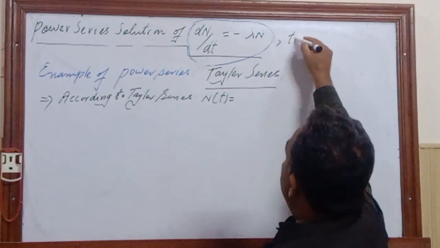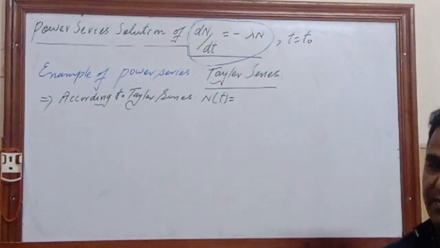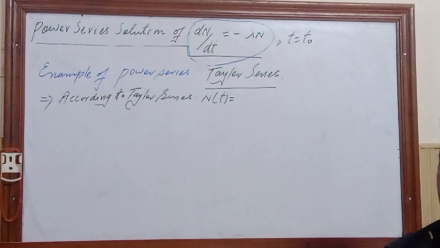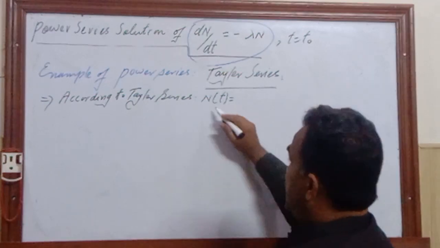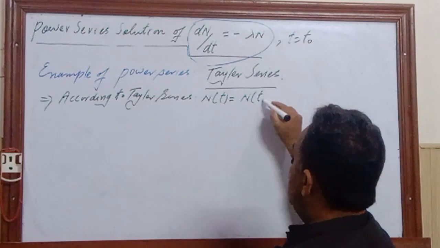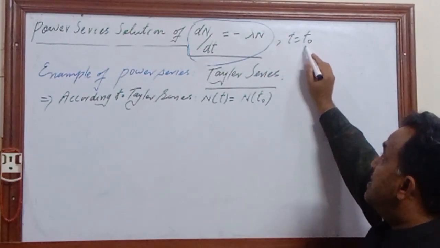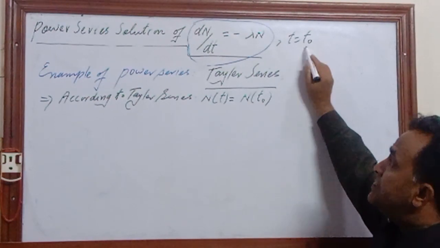let's say here t is equal to t naught. Generally speaking, we are taking the starting time to be t naught, the value of time about which, or in the vicinity of which, we want to find the power series solution of this differential equation. So N of t naught means the value of t in the vicinity of which we want to find the solution.